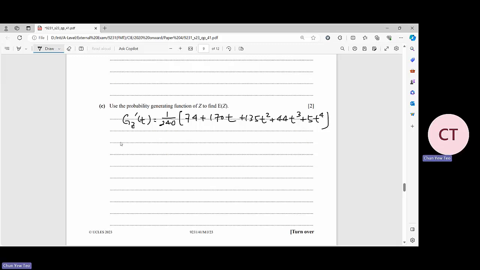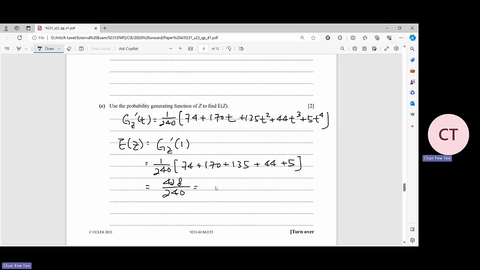Then your E(Z) will be G_Z prime at t equals 1. Then you get 74 plus 170 plus 135 plus 44 plus 5. Press a calculator, then you get the answer as 428 divided by 240.